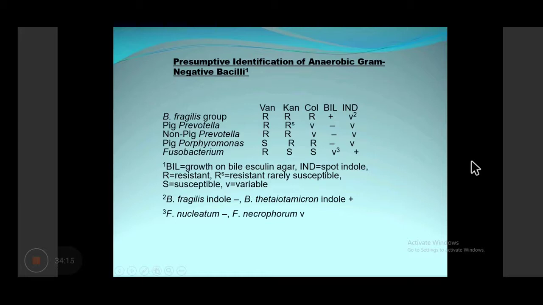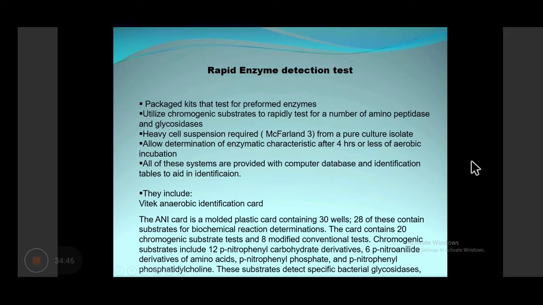There are other identification techniques like Vitek anaerobic identification, Vitek 2 or Vitek 1. Here we use a growth cell suspension of the bacteria from the pure culture isolate. We use the desired growth broth and emulsify it for identification, allowing anaerobic incubation.